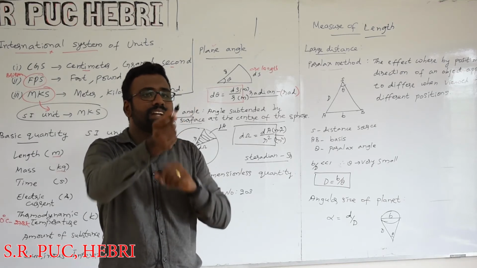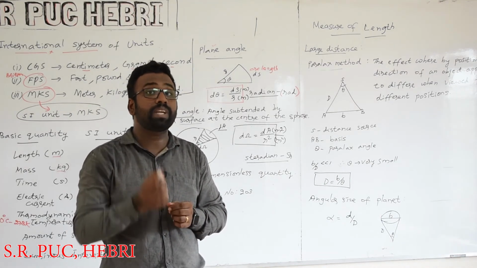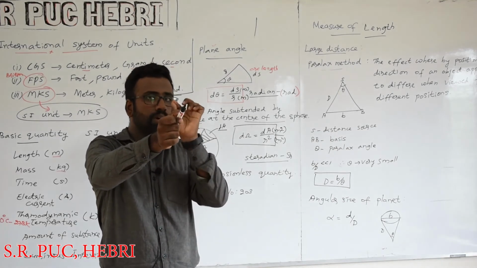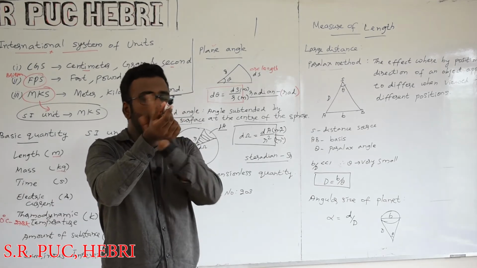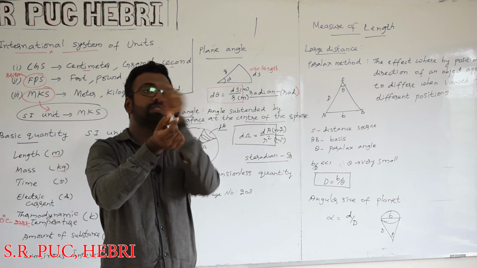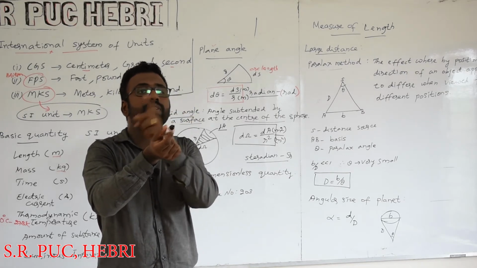Then you can see that there is a shift in the position. Don't you observe that? You can just check it. So when you point at a particular object with your pencil, then you close one eye, see with the other one, then do vice versa. Then you will see there is a shift in the position.